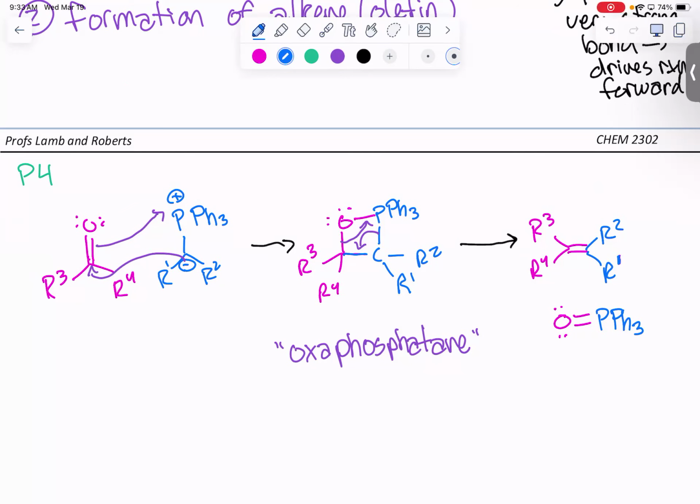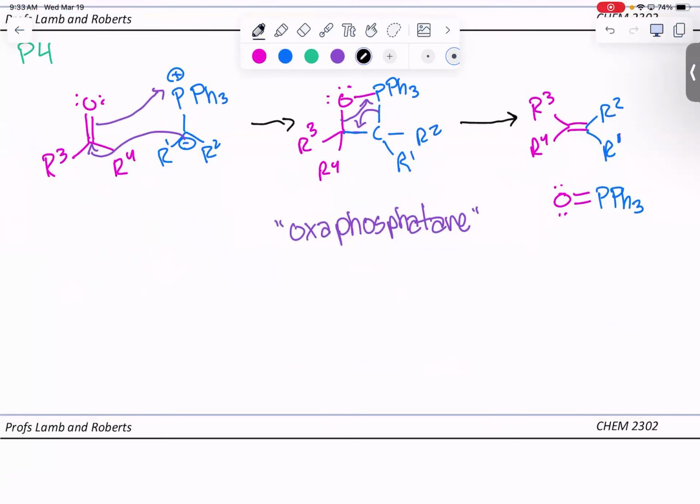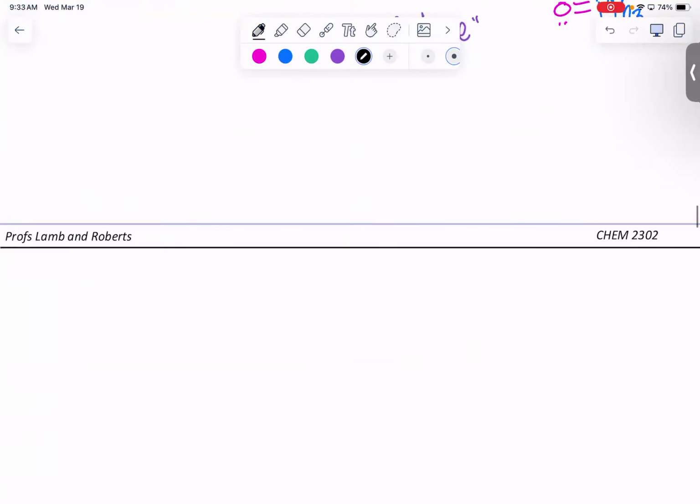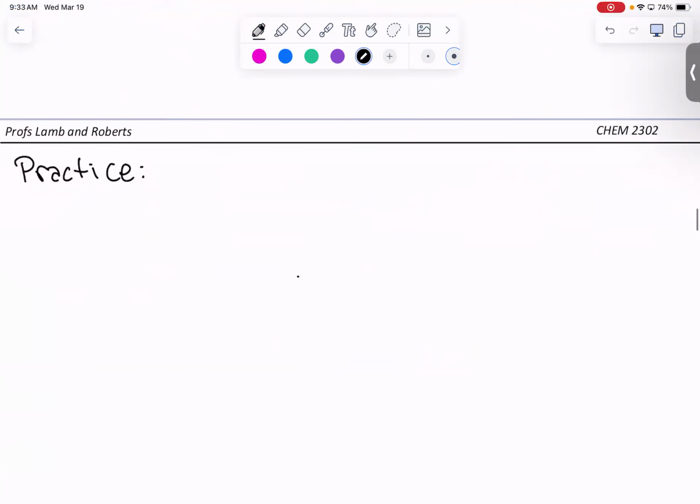What does this actually look like in a real world reaction? All right. So at the end of the day, we can start off with an olefin. So let's start off with something that looks like this. Draw that 5-membered ring better.